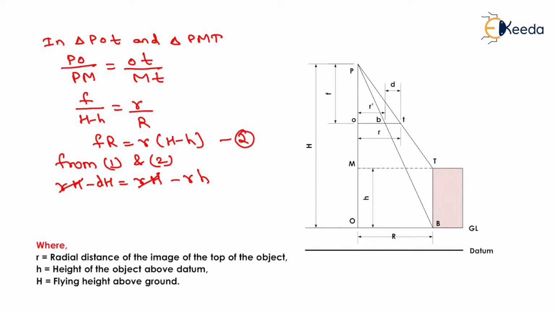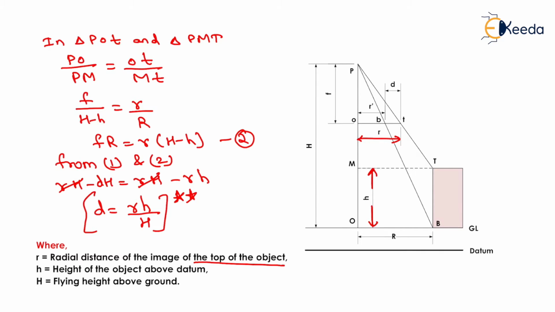On solving this, we will get the value of relief displacement as D is equals to r into small h upon capital H. That will be the formula for relief displacement. Now here r is the radial distance of the image of the top of the object, which is shown here. That is the value of small r. Small h will be equals to the height of the object above datum, which is shown here. That is small h.